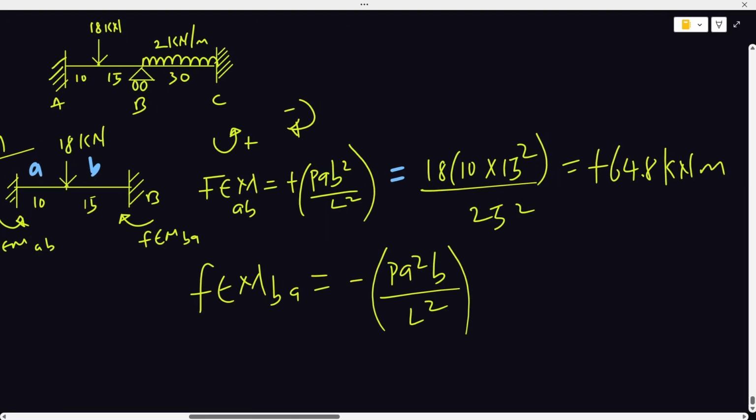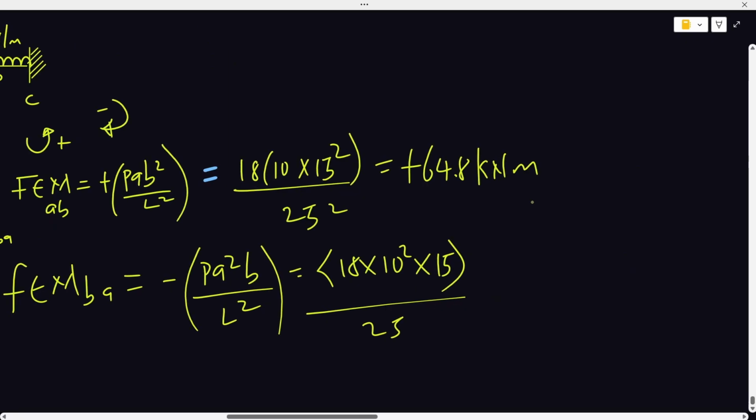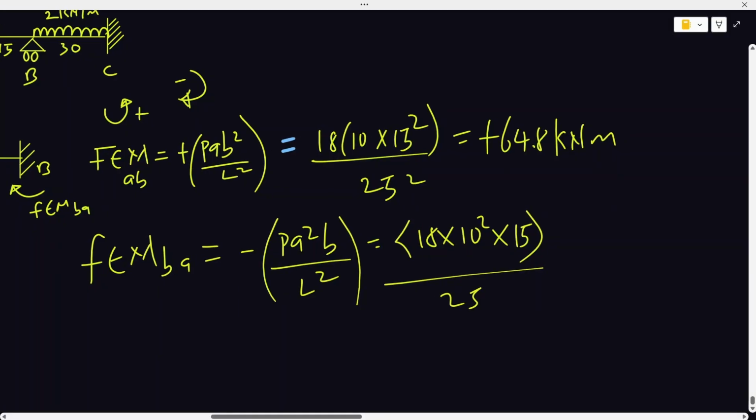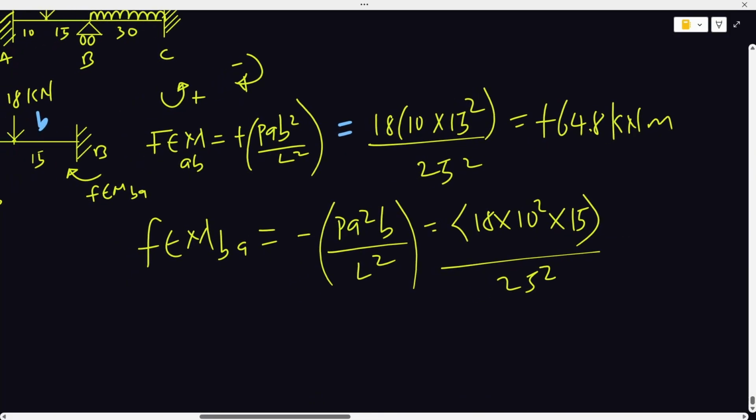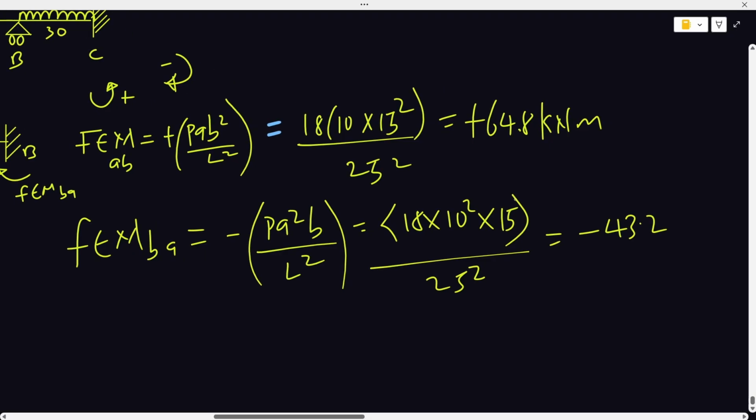That will give me 18 times 10 squared times 15 over L squared. L squared is 25 squared, which equals minus 43.2 kilonewton meter.